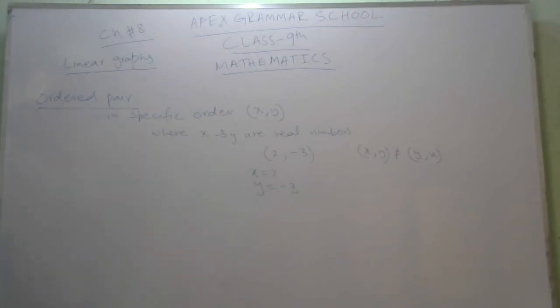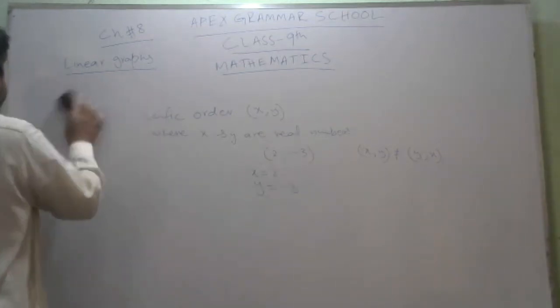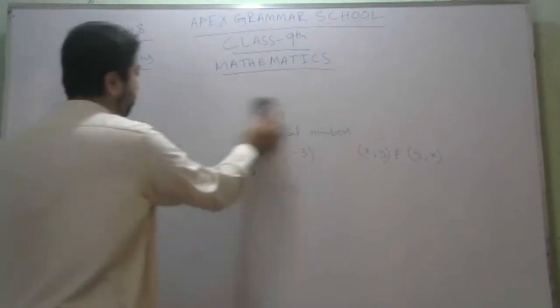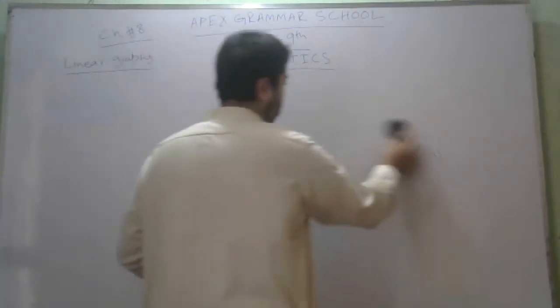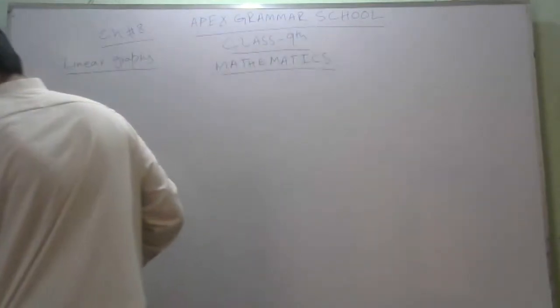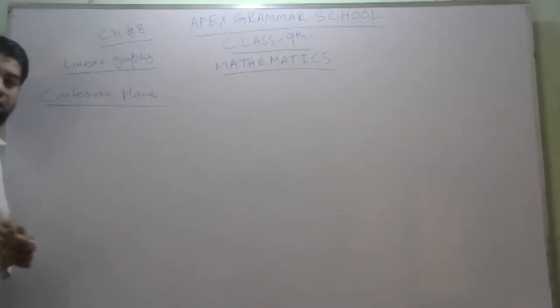So through ordered pairs we can easily draw the graph. Where we can draw the graph is called the Cartesian plane or XY plane.